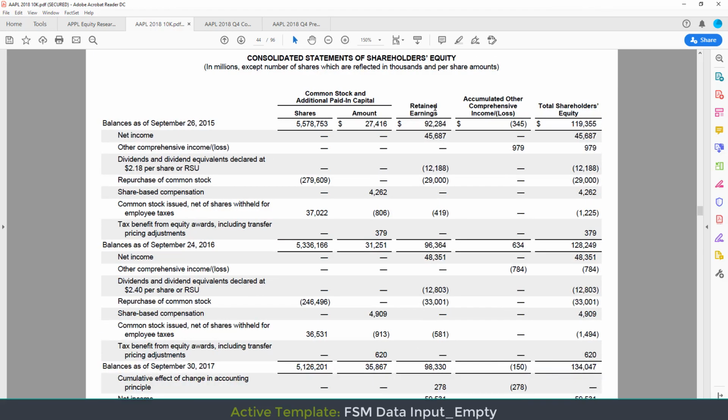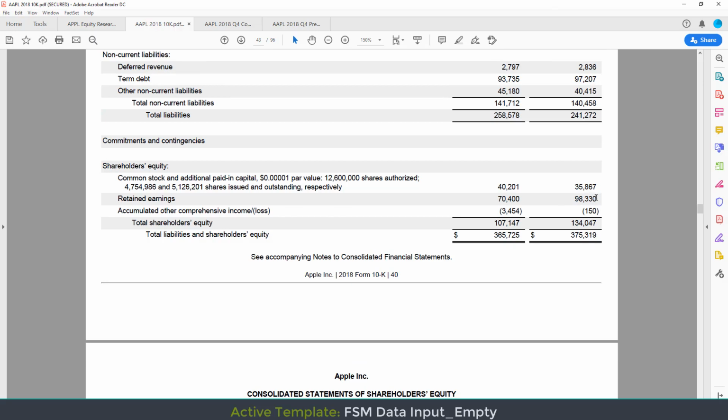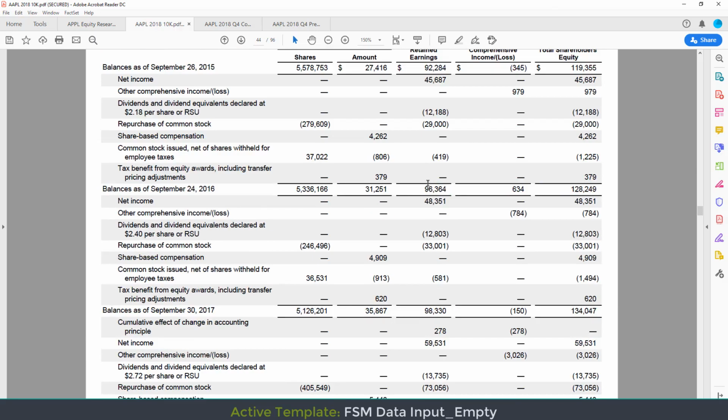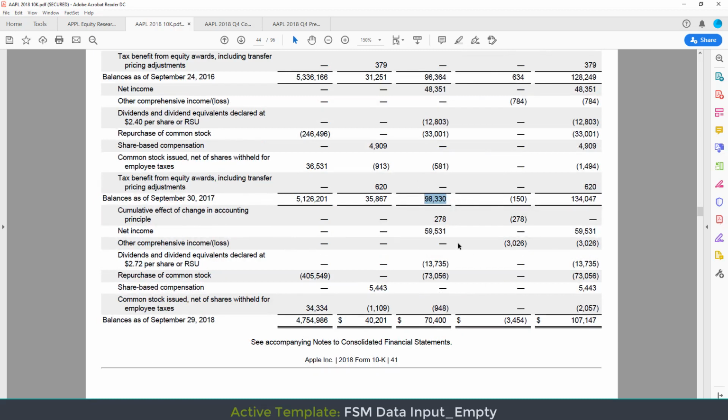Well, what's going on with retained earnings? If retained earnings on the balance sheet went from 98 billion to 70 billion, how did that happen? Well, it starts with 98 billion, and look at these adjustments. The three major adjustments to retained earnings are: it goes up by net income, which I would expect; it goes down by dividends, which I would expect, right? This is a sum total of all net income net of all dividends.